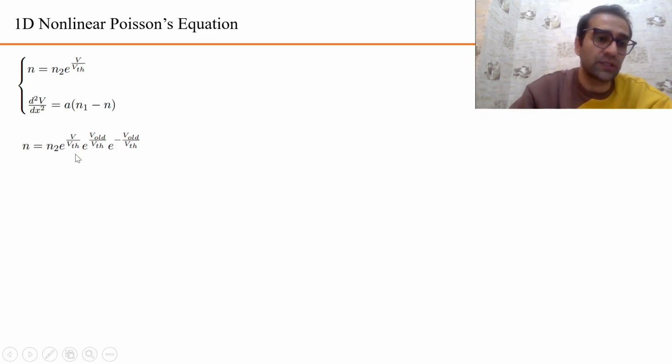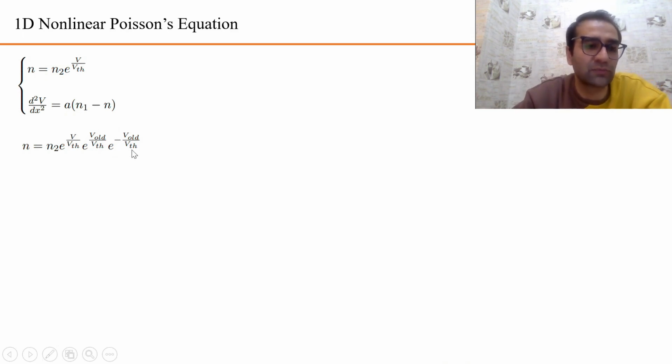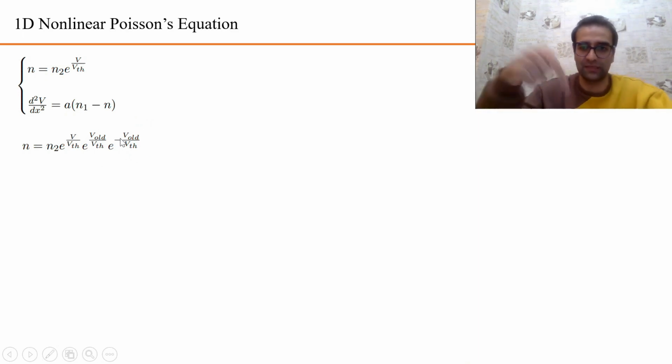Therefore, the trick is the following. We multiply the right hand side of this equation with the exponential of v old divided by vt, and divide the right hand side also with the same term, exponential of v old divided by vt. This multiplication of these two terms indeed is 1, because this is positive, this is negative, and the result is 1.